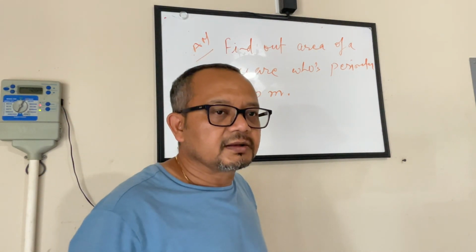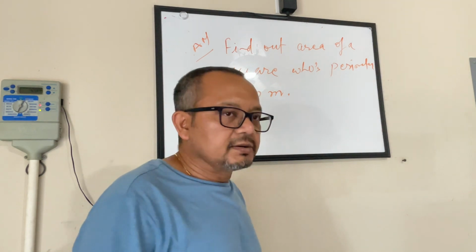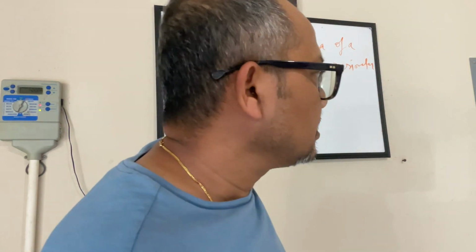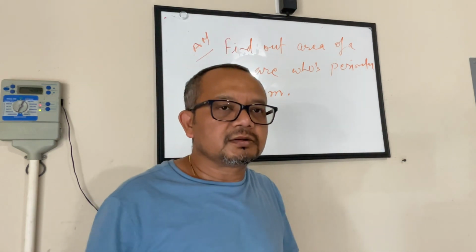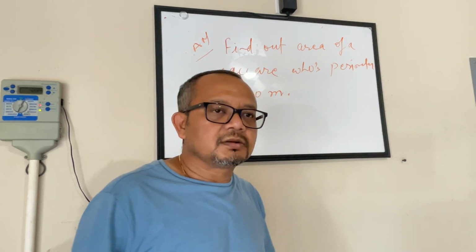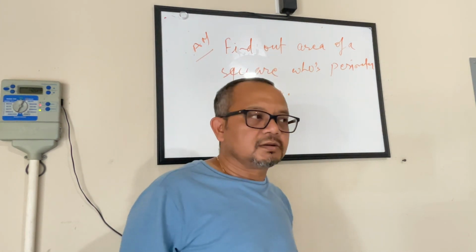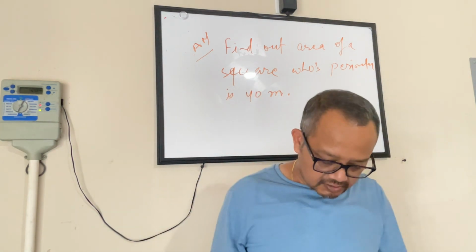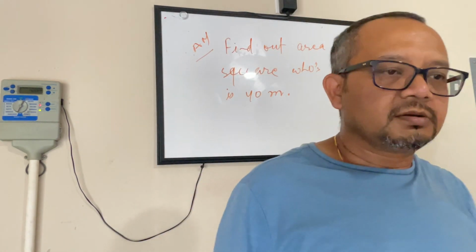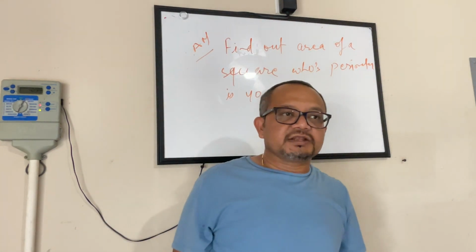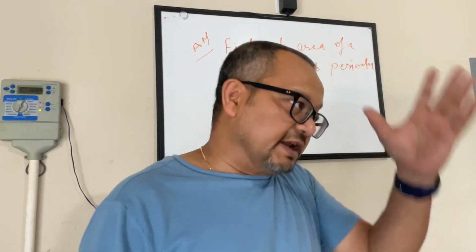I got 100 because if the perimeter is 40, each one of the sides is 10 meters, and then 10 times 10 equals 100. Right. The area is length squared for a square, so length times length is 10 meter into 10 meter. 10 into 10 is 100, meter into meter is meter square.